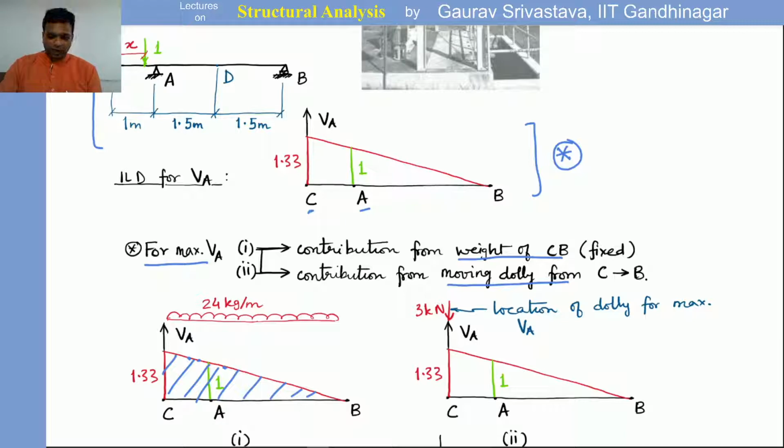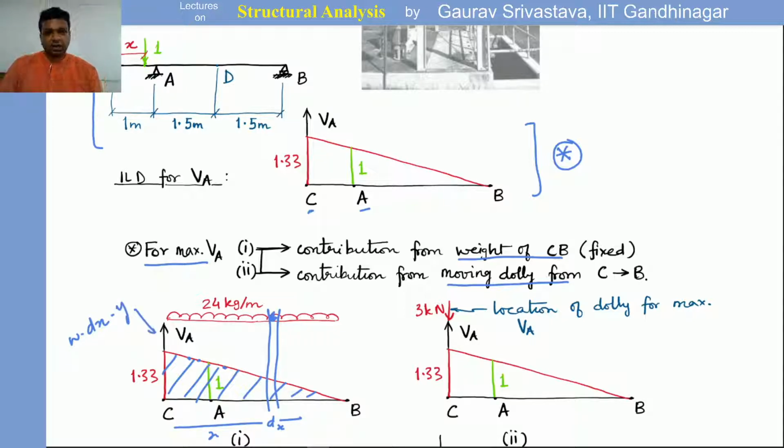Okay, and this can also be seen by considering a differential element. Let's say you consider a differential element dx at x from the left. The vertical reaction at A due to this differential element will be the load intensity, let's say W, times dx, times the ordinate, which is coming from here.